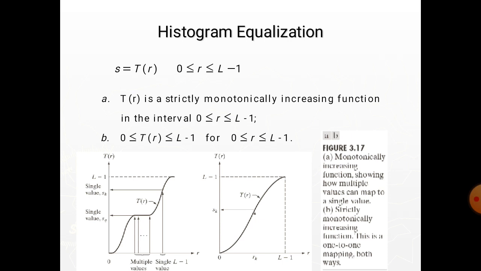This would be possible for the inverse mapping of s_k in figure A, but the inverse mapping of s_q is a range of values, which of course prevents us in general from recovering the original value of r that results in s_q. As figure B shows, requiring that T(r) be strictly monotonic guarantees that the inverse mapping will be a single value.